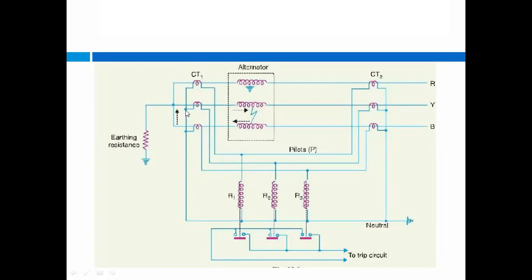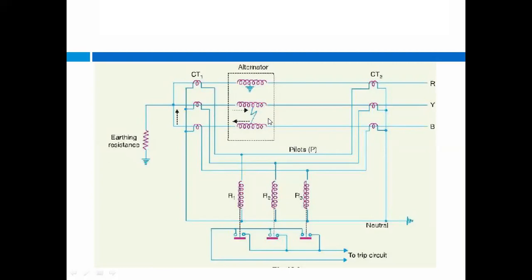This is your supply current, and this is your load side current, and in between there is a generator. So whatever be the input current, that should be equal to your output.